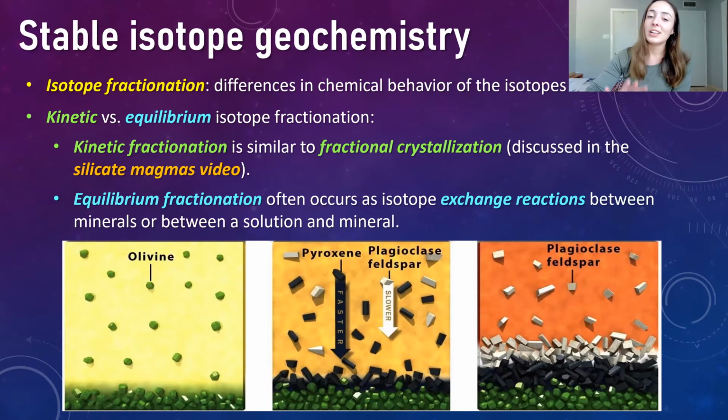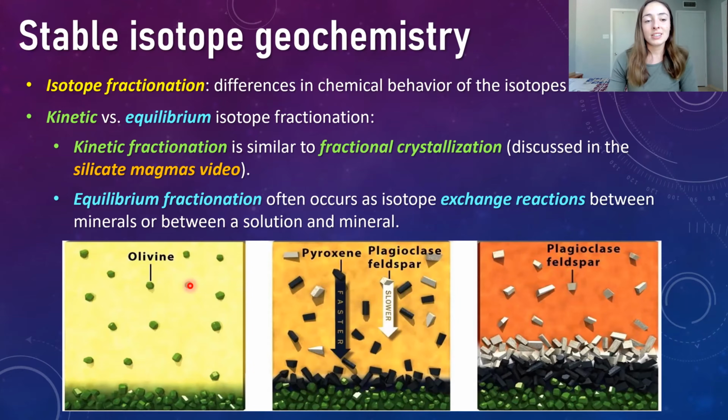But when we're talking about isotopes, it's pretty simple. Instead of all these different elements that can be compatible and incompatible with the crystals that are crystallizing, we just have to think about heavy and light isotopes. And when we think about this, we can imagine that during fractional crystallization, light isotopes are preferentially incorporated into those early crystallizing crystals, and the heavy isotopes are preferentially left in solution.